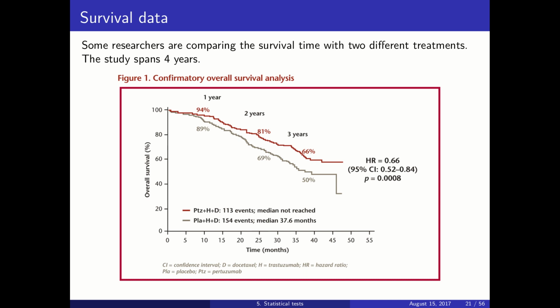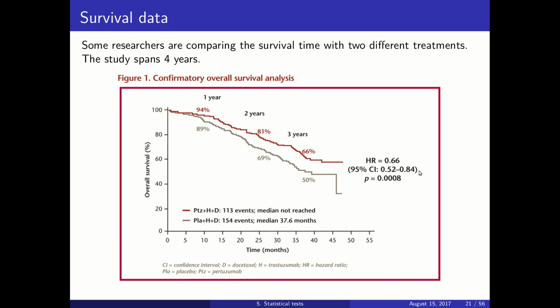The hazard is the slope of these curves, and it can be interpreted as the instantaneous probability of the event occurring. We can compute the ratio between those two instantaneous probabilities and put a confidence interval on top of it.